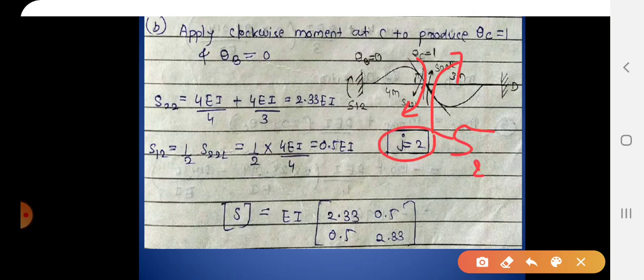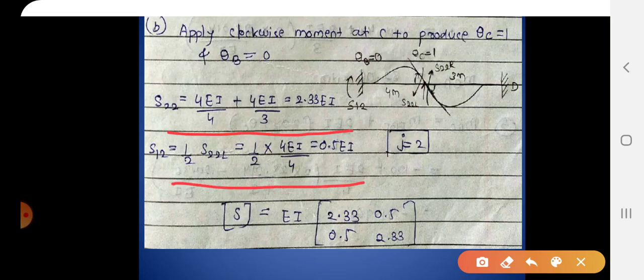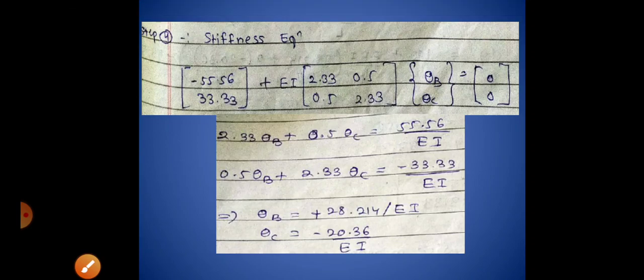Therefore S22, this will be L and R, and this will be carried over half to support B. Now it is fixed support, therefore S12. Okay, so you will first get value of S22 4EI by L and then S12 half of S22, and we have derived this stiffness matrix taking EI outside the matrix.